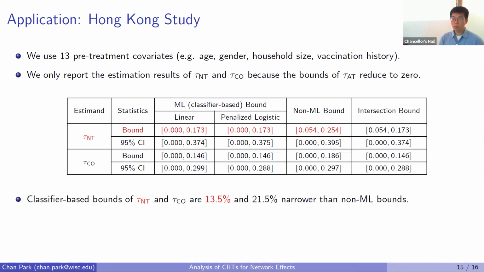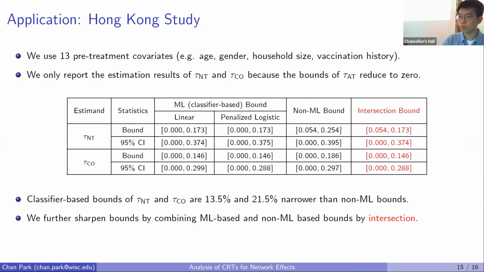So the classifier-based bounds of the never taker effect and complier effect are 13% and 20% narrower, respectively, compared to the non-machine learning bounds. However, when we see the lower bound estimate, ours is worse in the sense that ours hits 0, whereas the non-machine learning bound is strictly positive.